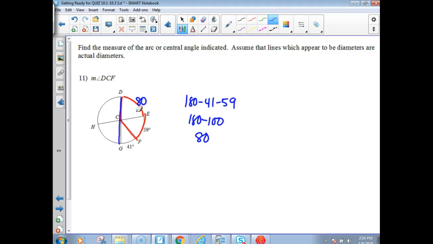So then I want angle DCF, so I need to add 80 and 59, because the exterior arc measure in degrees is equal to the central angle. So the measure of that angle is 80 plus 59, which is 139 degrees.